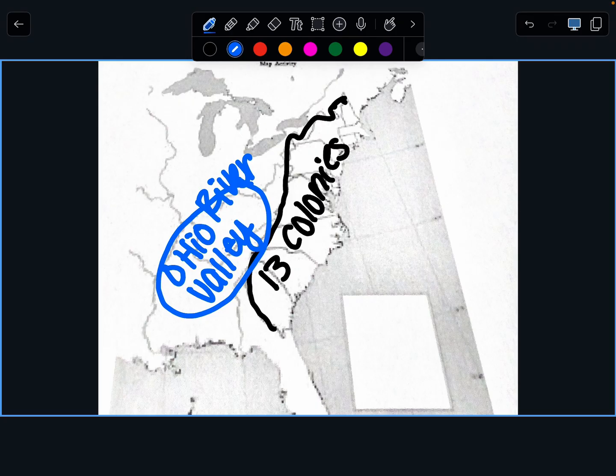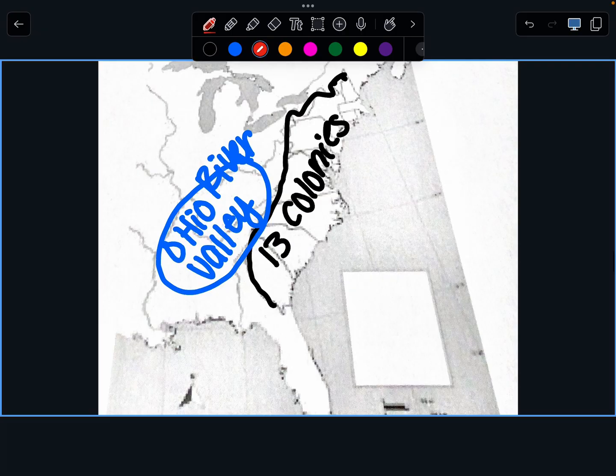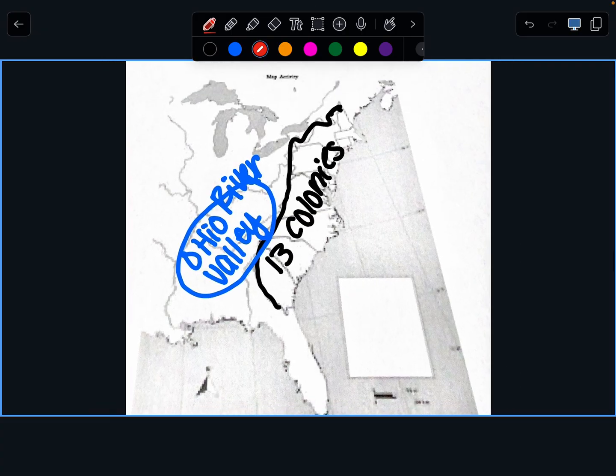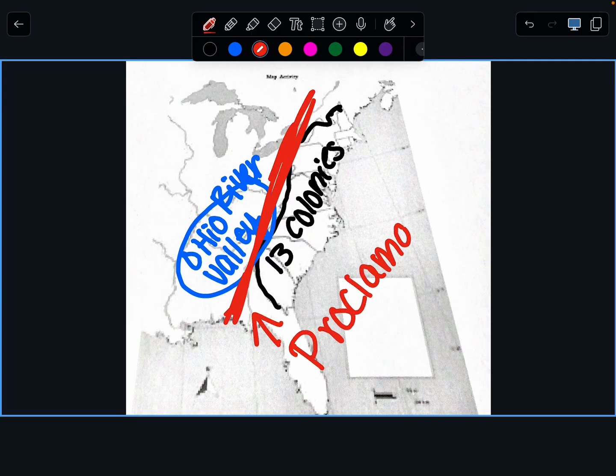Okay, and then he said we can't pass what? Appalachian. So we're going to draw a big red line straight up like this. This is what we like to call the Proclamation Line of 1763. Okay?